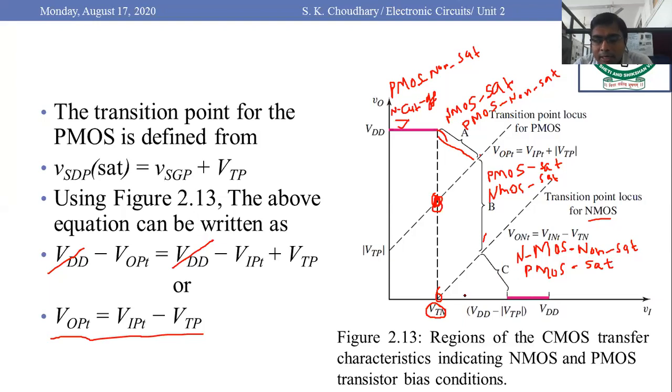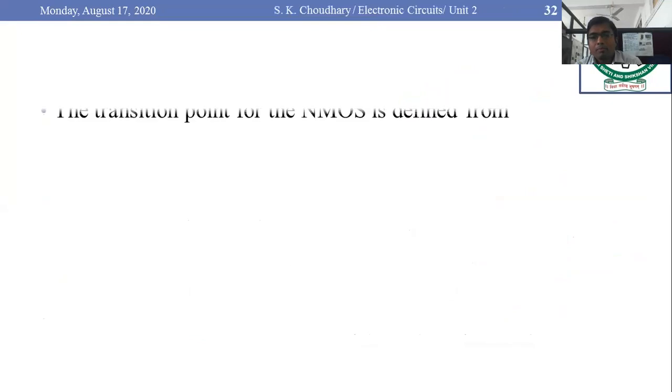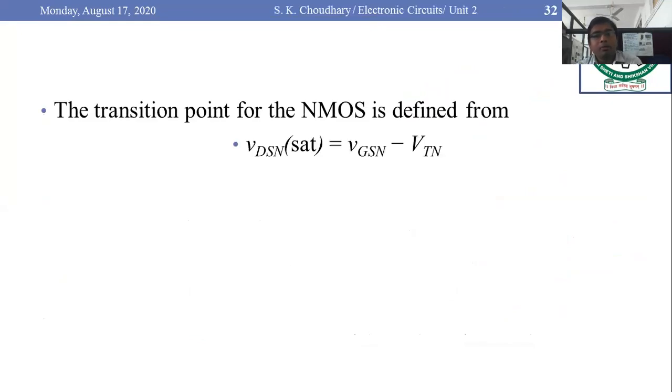Now you have to see that you have increased your input voltage very high, nearly to VT. But here is the case where you are between VTN and VDD. So what happens? The transition point for the NMOS is defined as VDSN saturation, which as per the pinch-off voltage value is VGSN minus VTN.